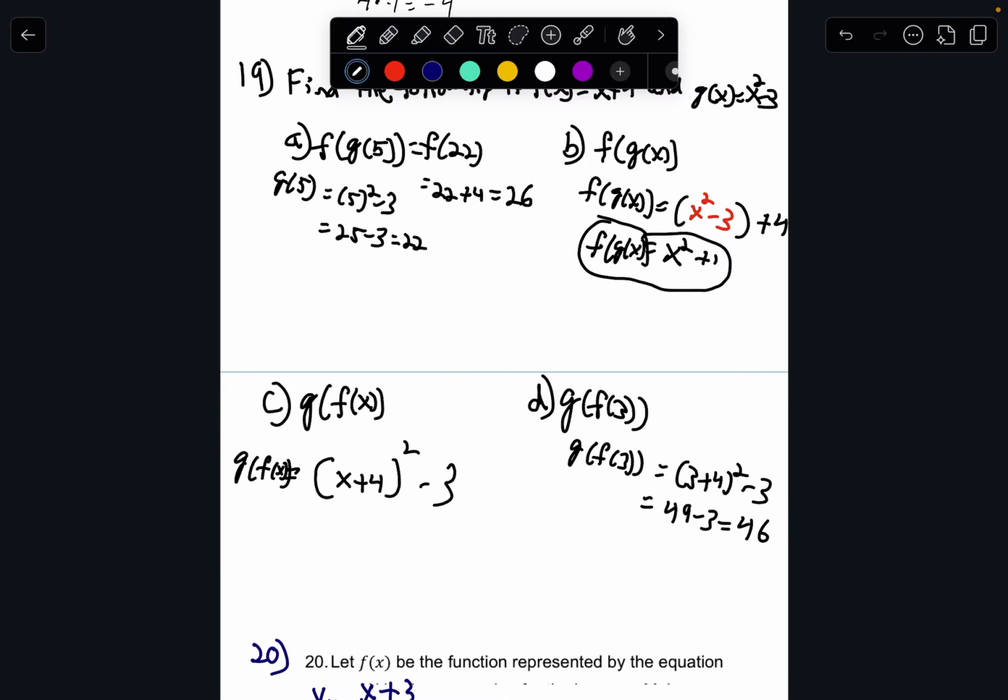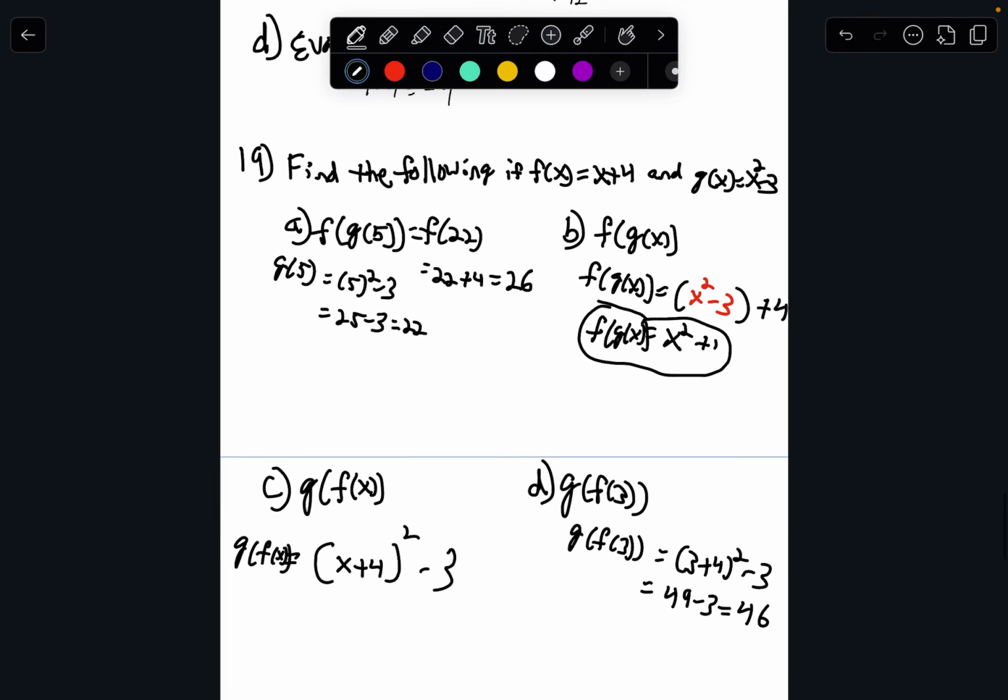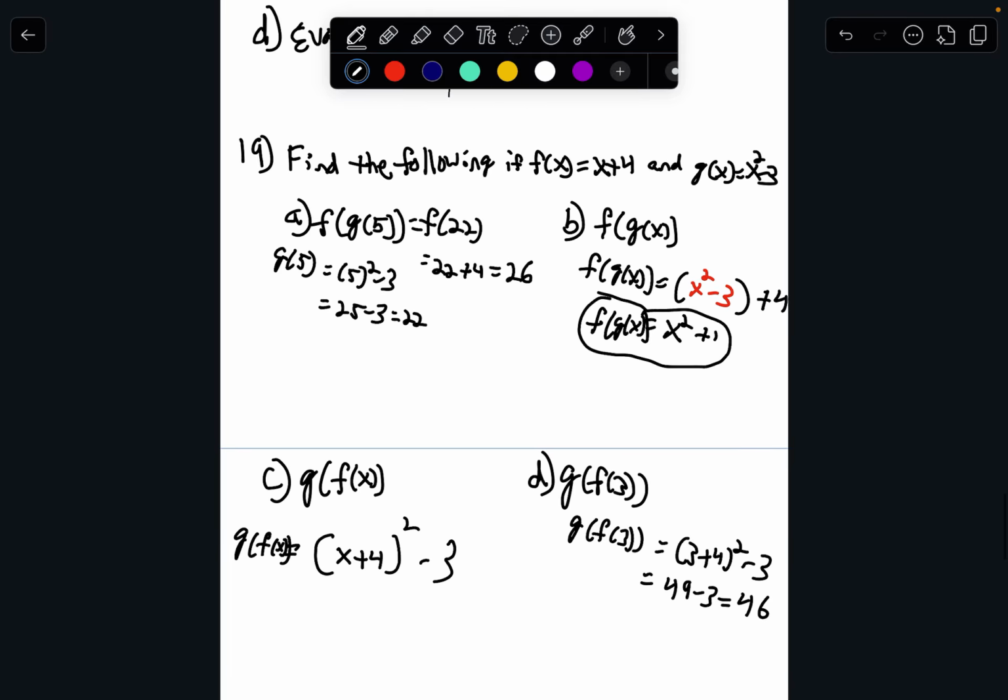You could also, in the original f of x, put in 3 and get 7, right? You could also have done f of 3 and gotten 7 and then figured out what g of 7 is. And remembering g is x squared minus 3, that would be 7 squared minus 3, which again turns into 49 minus 3, which is 46. Either way, it's 46.